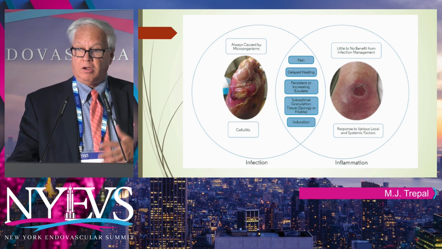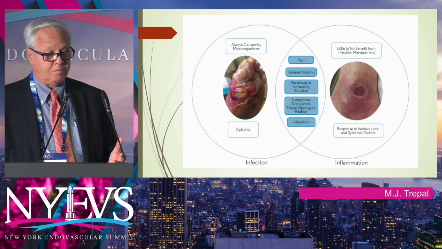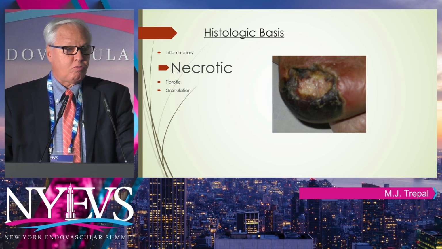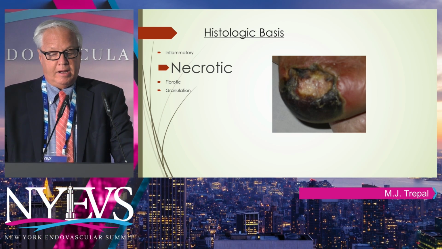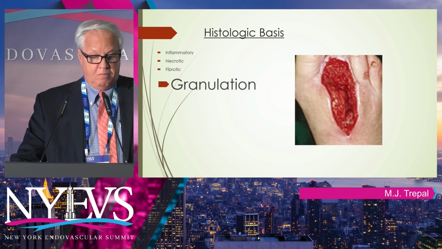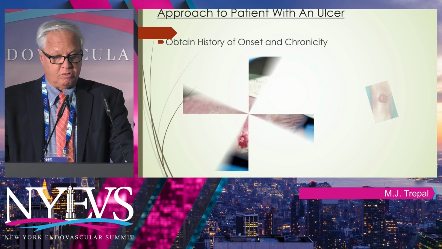It could be either, it could be or, but often there's a combination of an infectious component and an inflammatory one. Necrotic tissue: again, that will help you determine the etiology and also what needs to be done. Fibrotic tissue versus granular tissue are also important considerations.